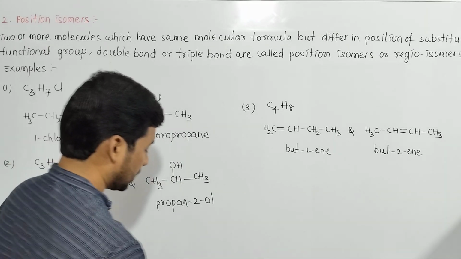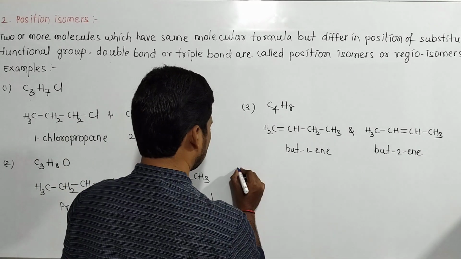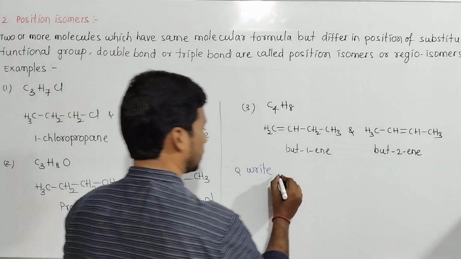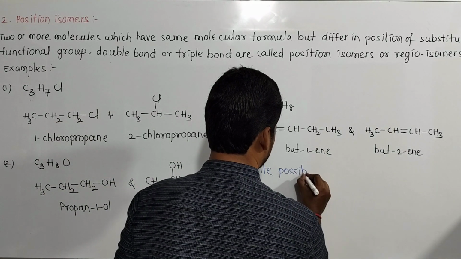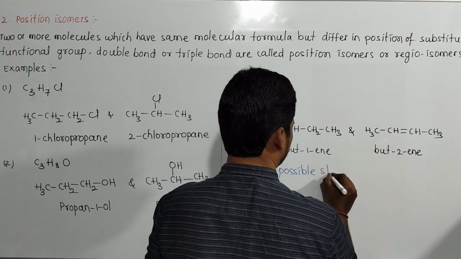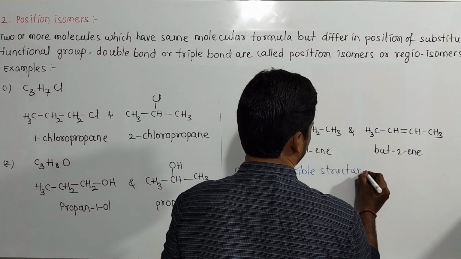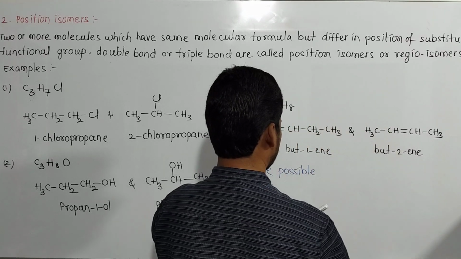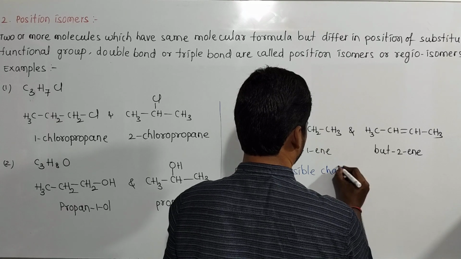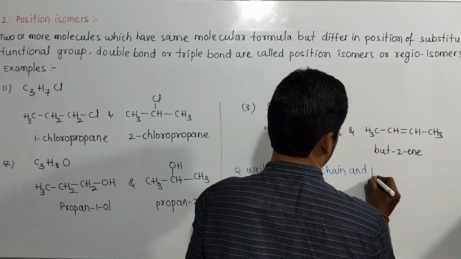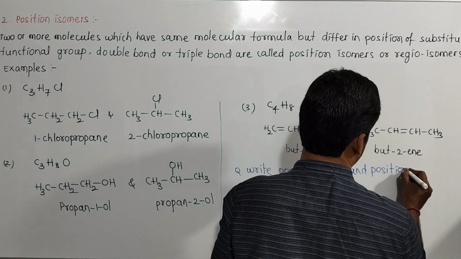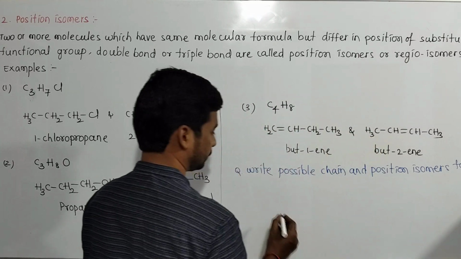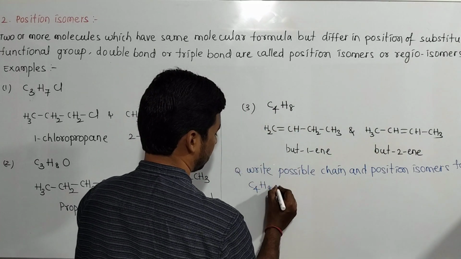Write possible chain and position isomers, that means possible structural isomers, for C4H9Cl.